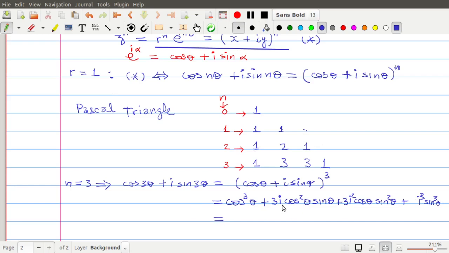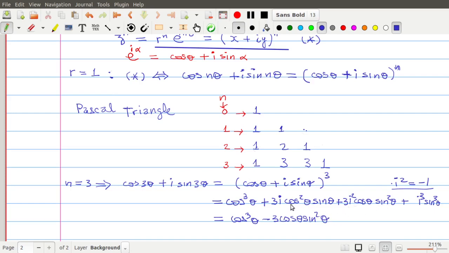Now we can group. We know that i squared is negative 1. So if we substitute this one, of course, if i square is negative 1, I multiply by i here and i there, so this is negative i. So we can group and see that this is cosine cube theta. So this one is negative 1, we can group with this one, minus 3 cosine theta sine squared theta.